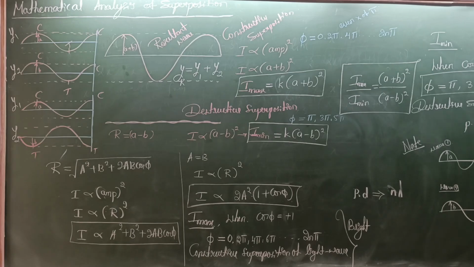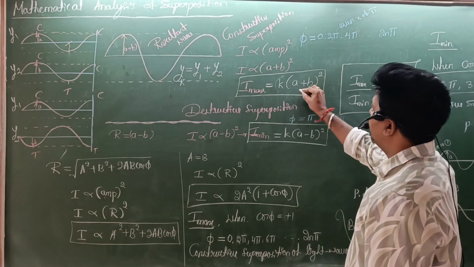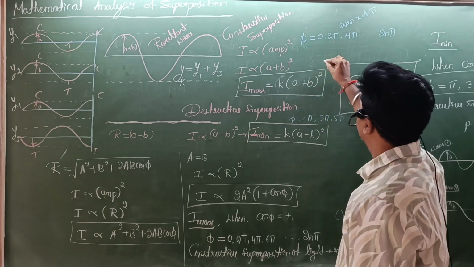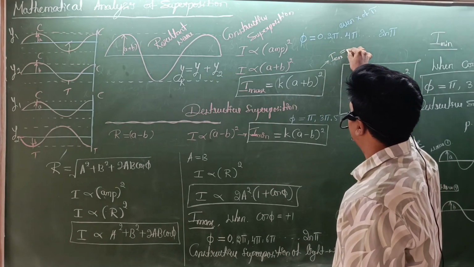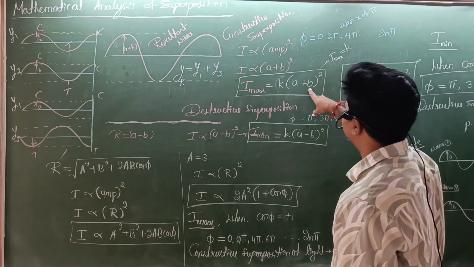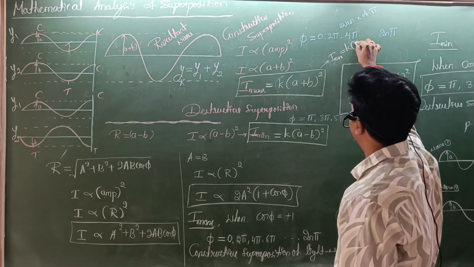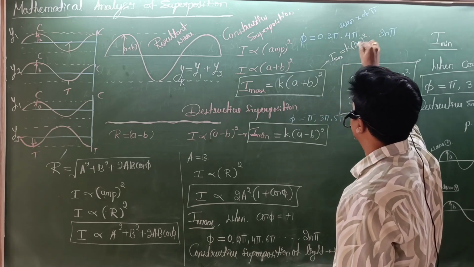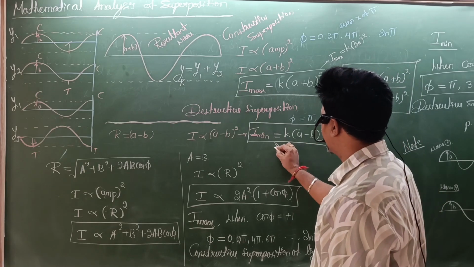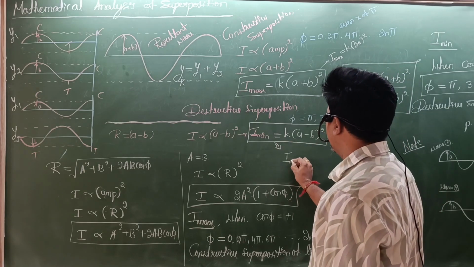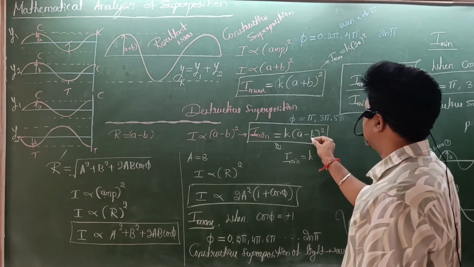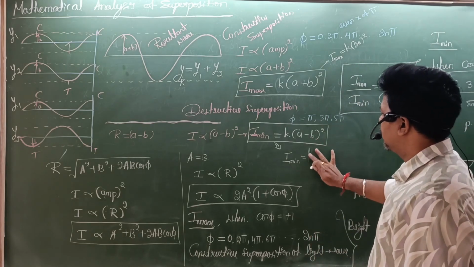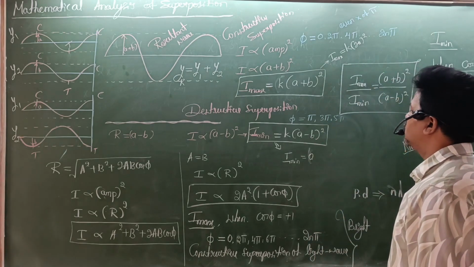So if a is equal to b, what happens to this ratio? If a is equal to b, then I max is equal to k(a plus a) whole squared. I minimum is equal to k times, this becomes 0. So I minimum is equal to 0.